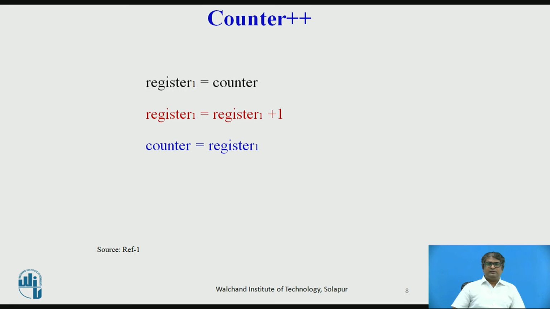Here we can show that the value of the counter may be incorrect, as shown here. Note that the statement counter++ may be implemented in machine language as: register1 = counter, register1 = register1 + 1, counter = register1, where register1 is one of the local CPU registers.